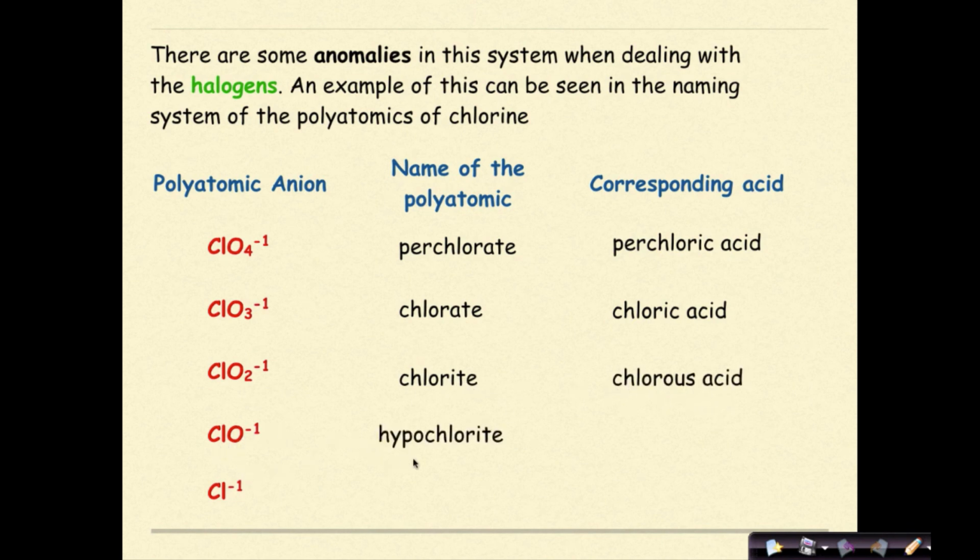ClO-1 is going to be hypochlorite for the name of that polyatomic. We still have that -ite ending, so the acid here is going to be hypochlorous acid. We just kept the hypo- there, so -ite to -ous. And finally, Cl-1 is going to be chloride. We've already done this one, and that's going to be hydrochloric acid.